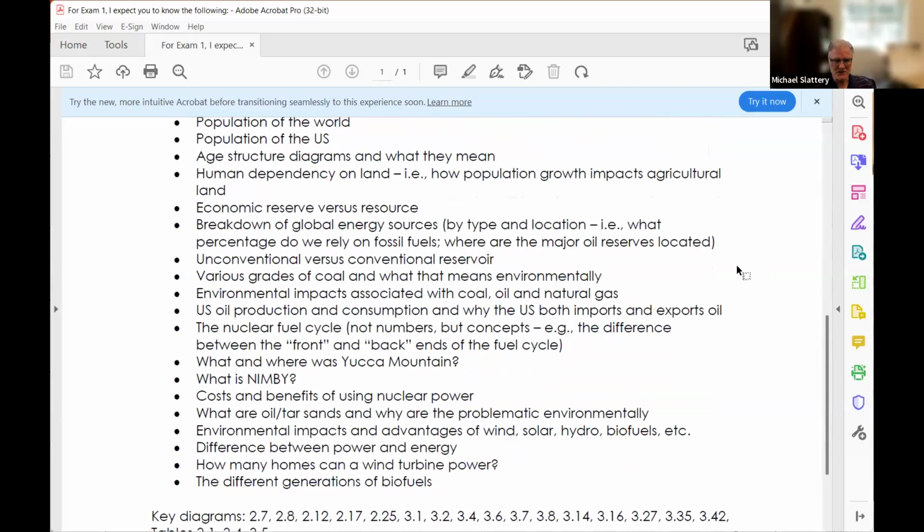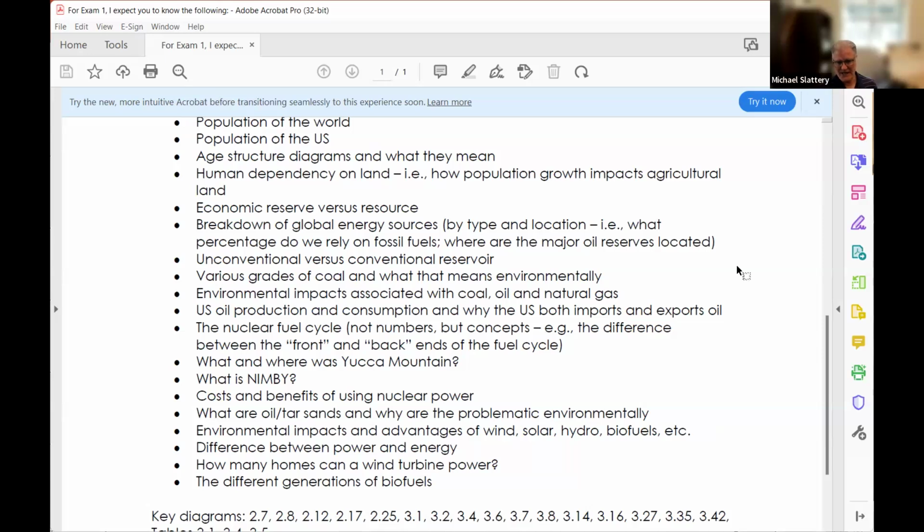The energy is obviously a big section. I'm going to see where we are at on Tuesday at the end of class, and then I'll make a decision as to what we will include in that exam. So right now, the 4th bullet point from the bottom says I need you to be able to answer questions on the environmental impacts of and advantages of wind, solar, hydro, and biofuels, and how many homes can a wind turbine power.